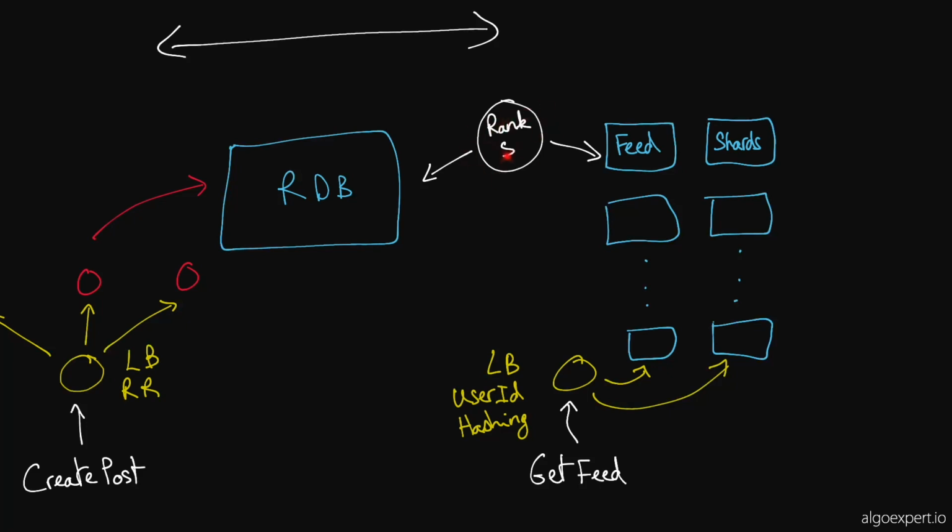And here, do you want me to go into more detail as to how this ranking service works, or can I just assume that this works out of the box here? Just assume this works. It's likely to be a cluster of machines with probably some really smart caching logic inside. But for the sake of the question, let's just assume it's a black box that gives you what you want.